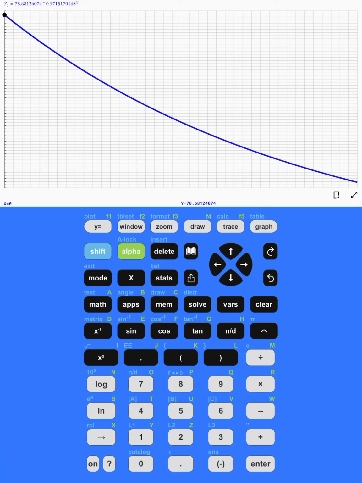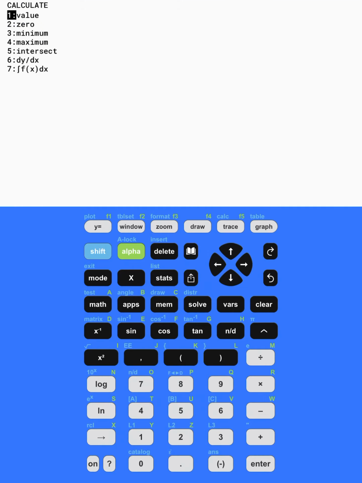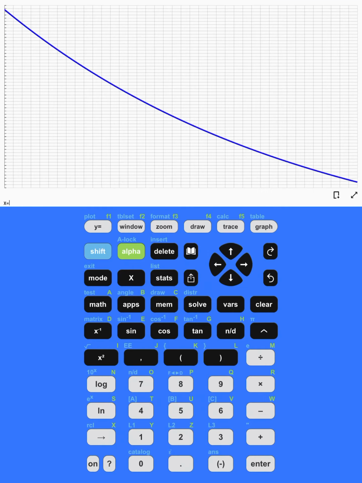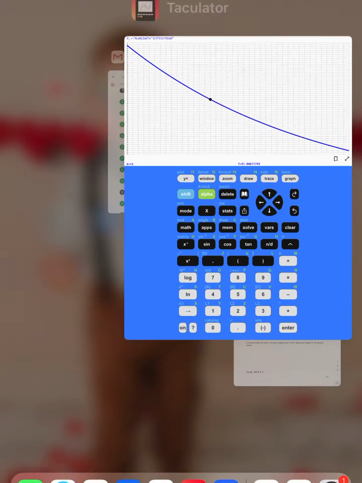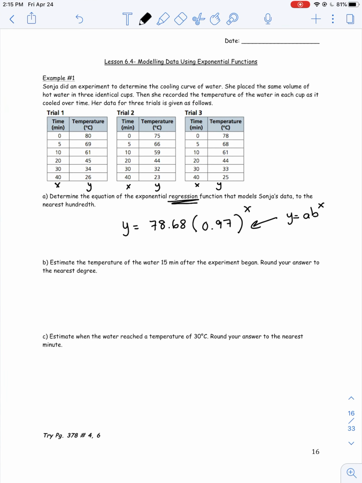Or you can do it the way I'm doing it, because this is how my calculator has to see it. Second trace, number 1, press enter, and then enter 15, press enter. And you should get that the y coordinate, which is the answer I see for y, is 51 degrees Celsius. So rounding your answer to the nearest degree, we should have 51 degrees Celsius.